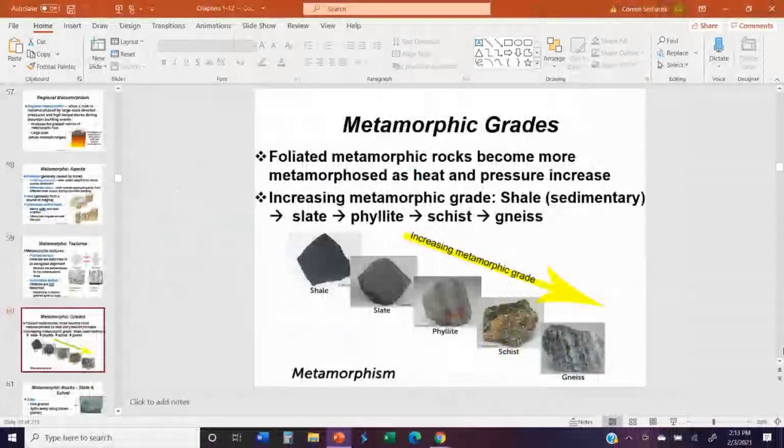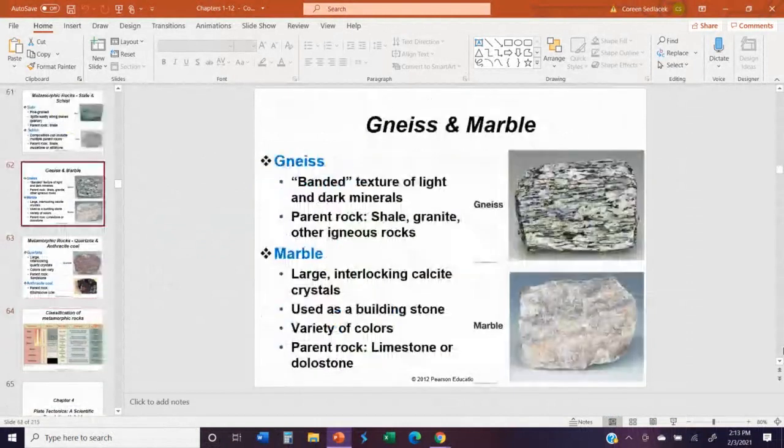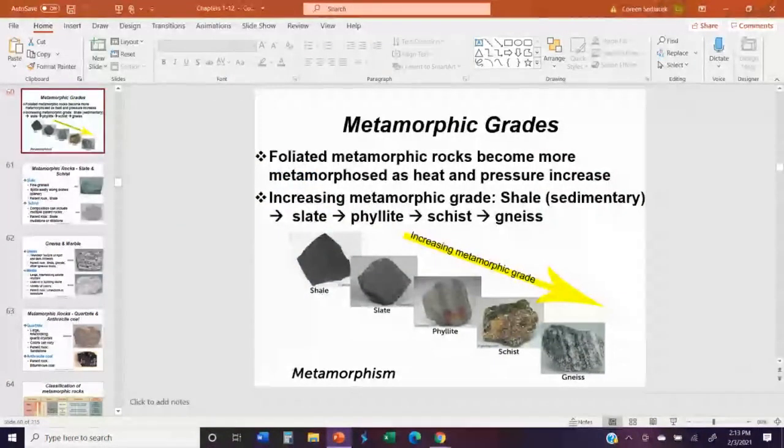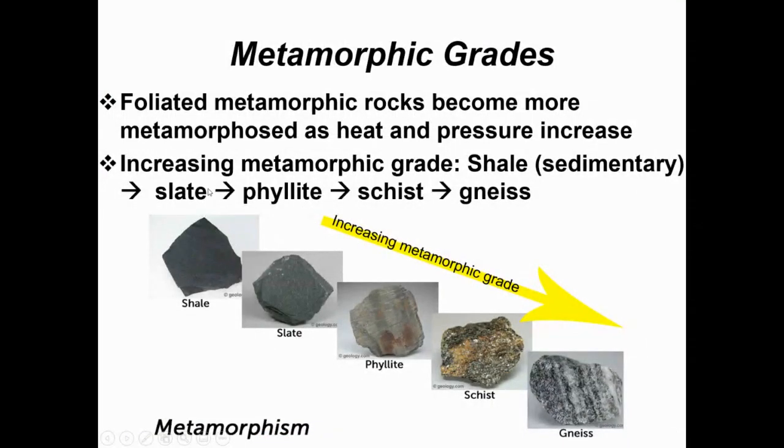Okay, we are quickly running out of time. I think I only have a couple more slides to talk about the different rocks. I might be able to make it, we'll see. So grades of metamorphism, or the increasing metamorphic grade. Basically, with this slide, all it is is that with additional heat and pressure, you go from one step to the next.